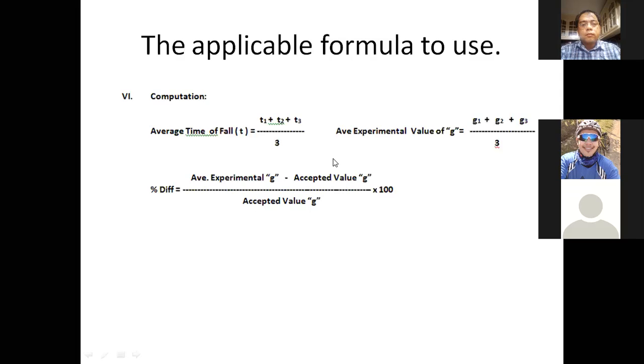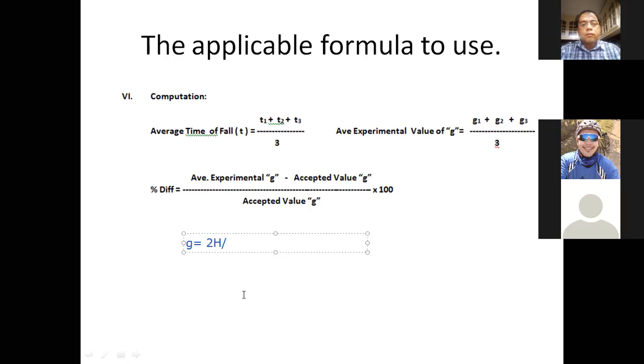So again, for our value of G, the experimental value of G is determined as G equals 2H, H being the value of our 1.5 meters, the 2.25 meters, and the 3-meter height. So that's the value of H.